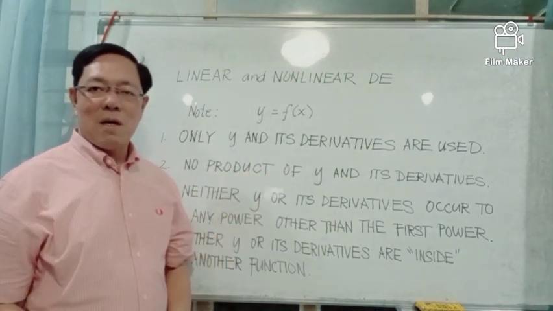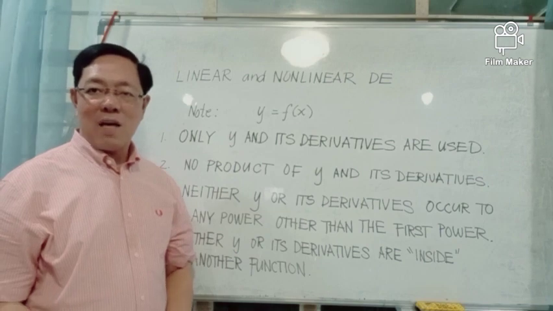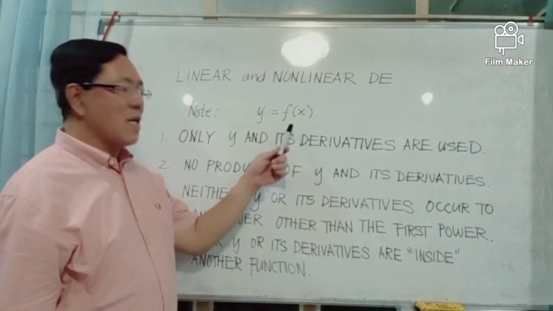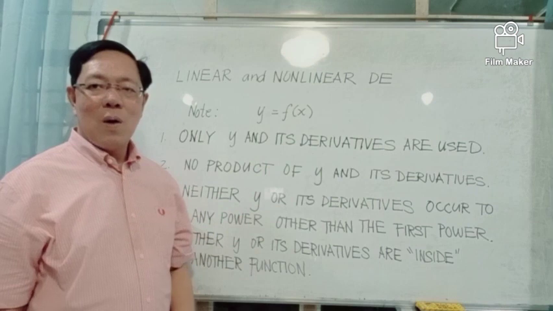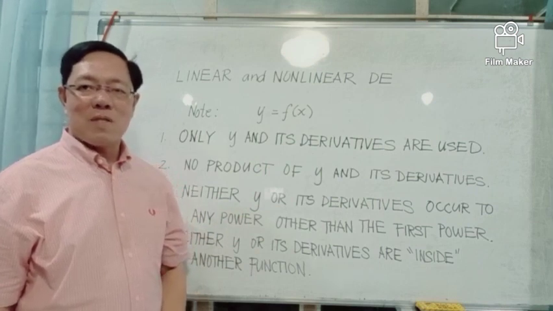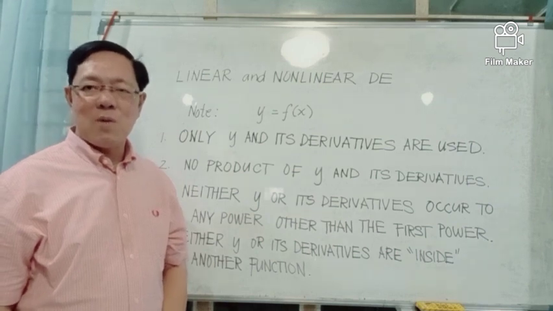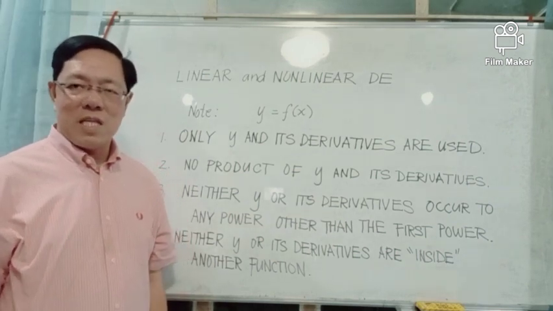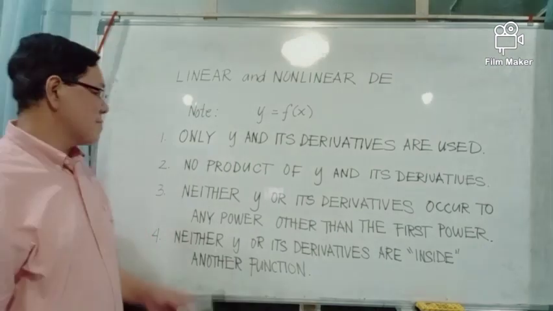We do not consider the functions of the independent variable x. Only y and its derivatives will affect the process of determining whether the differential equation is linear or nonlinear.